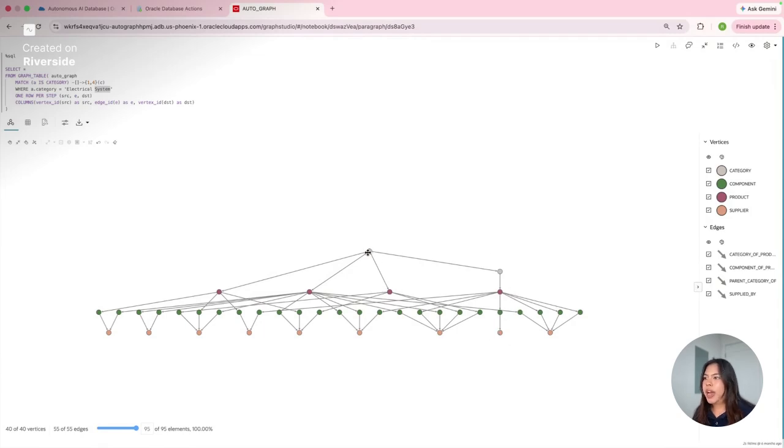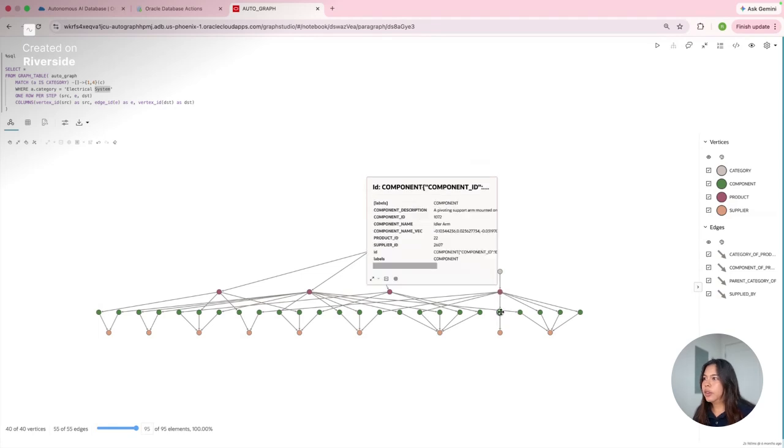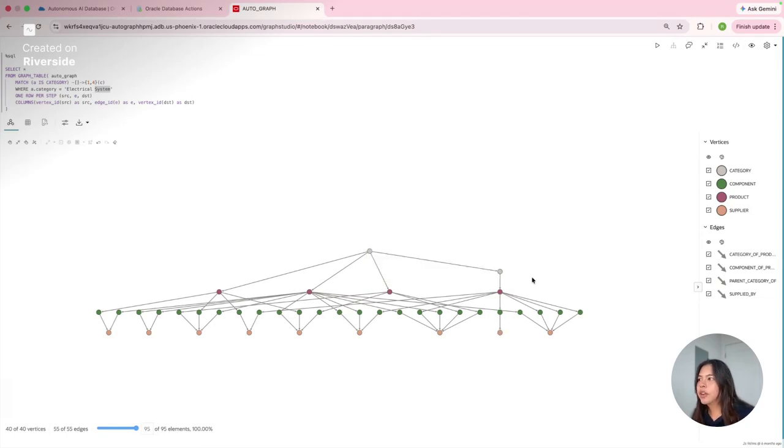So we have a category, electrical systems. We have a subcategory, the steering system. Then we have the product, that is the steering linkage. And then we have the idler arm, which is a component, and then our supplier. So that's where the 4 hops is coming from.